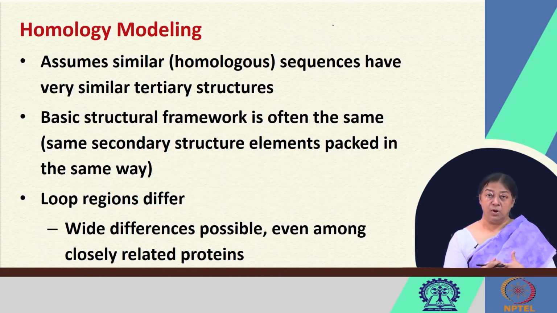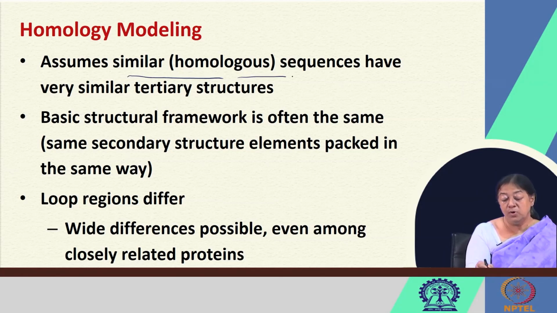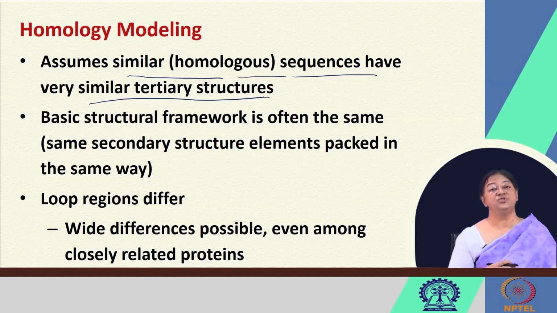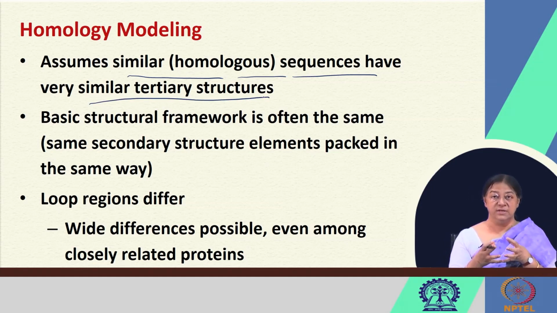In homology modeling, there is an assumption that similar homologous sequences would have similar tertiary structures, in the sense that if we have a family of proteins that, say, performs a similar function, it might be expected that these homologous sequences would have similar tertiary structures.